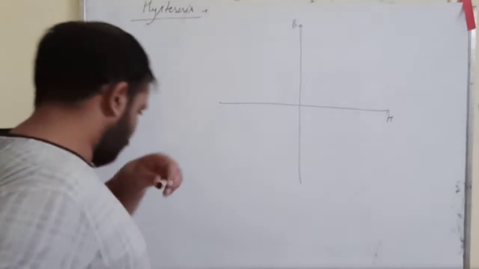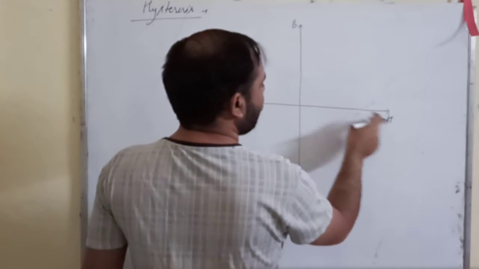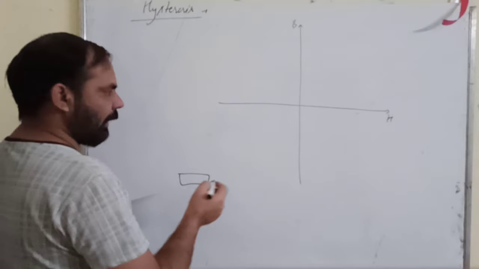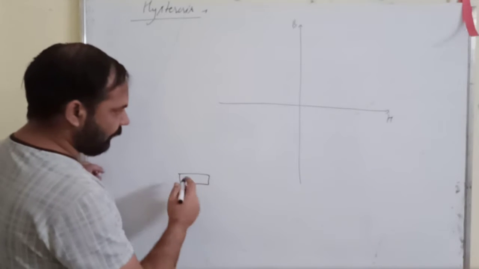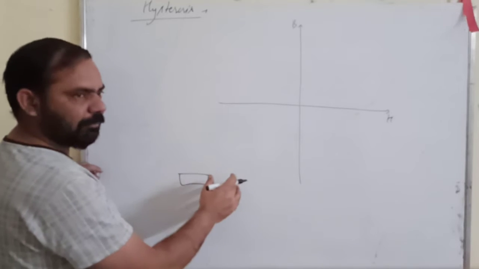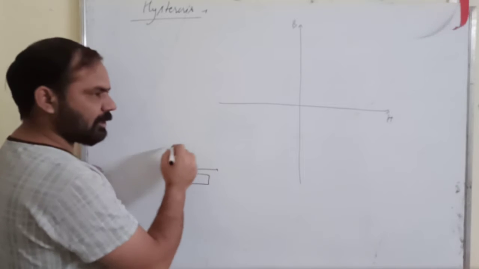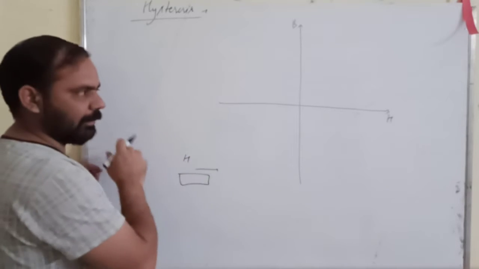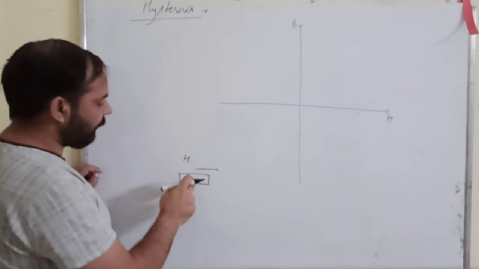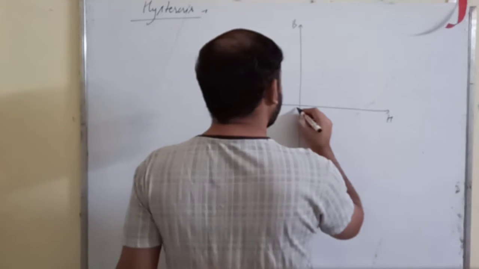So when we draw a graph of B and H, what we see is that generally, suppose we place a material, and now we are introducing a magnetic field which is in some particular direction. Let us suppose that H is the intensity of that magnetizing field. Now when we go on increasing the magnetizing field intensity, we find that the value of B also increases, and we get a graph of this type.